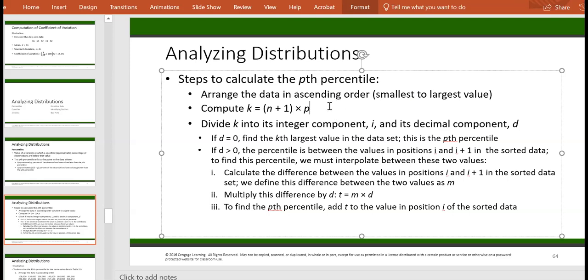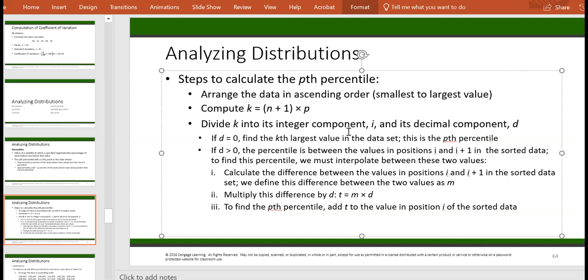If you want to do it manually, you can sort the data from smallest to largest, and then you need to find the position of the pth percentile. For that, you just need to take n plus 1 times the percentage, and then take the k as a decimal number.